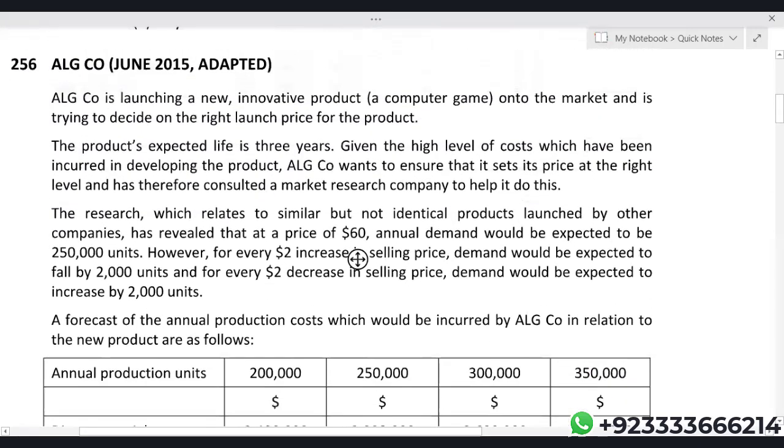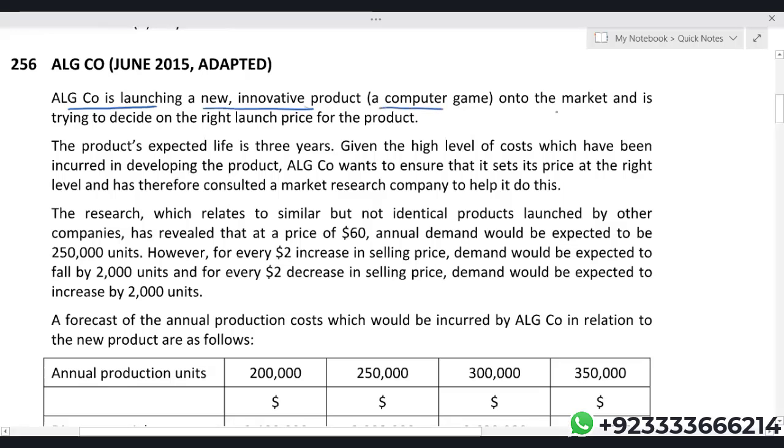So let's read the scenario. ALG company is launching a new innovative product. If you recall the pricing chapter, when you are launching a new innovative product, such a factor helps you to go for price skimming.